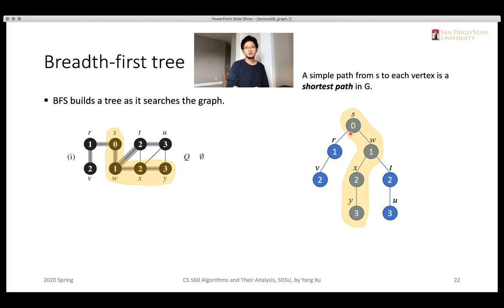The path from the root node S to Y in the tree is the shortest path from vertex S to vertex Y in the graph. This shortest path is defined by the number of edges between S and Y, so this path has the minimum number of edges between S and Y. If you go through the other path from S to W to T to U to Y, it is longer than this path, because in this path there are only 3 edges.